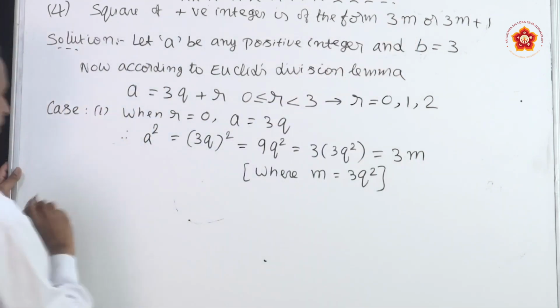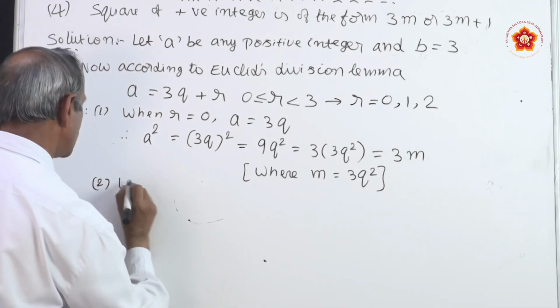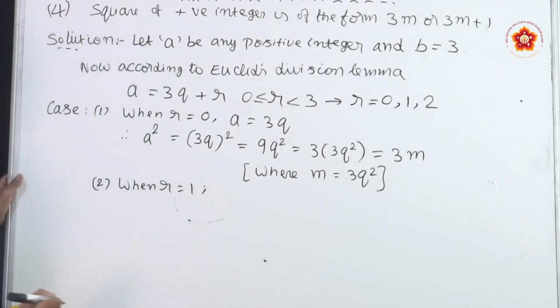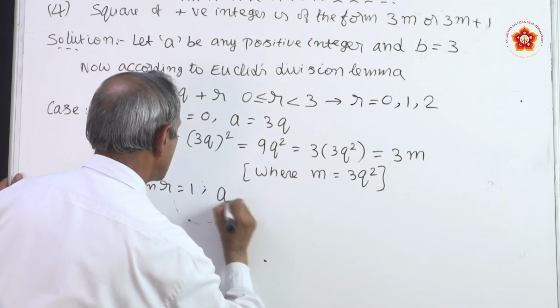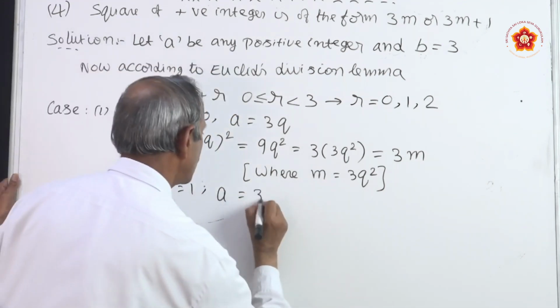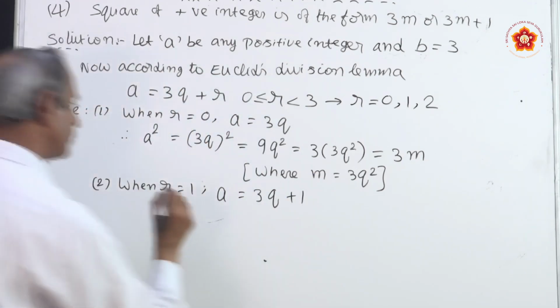Now, second case, when r is equal to 1, we will get a is equal to 3q plus 1. Now, we have to find the a square value.